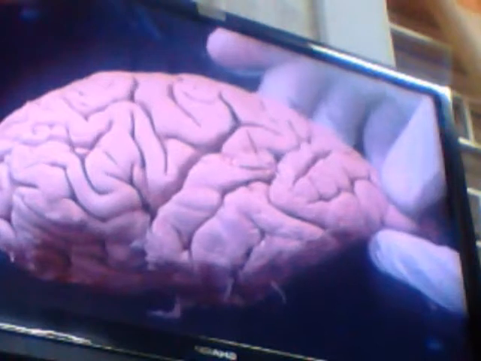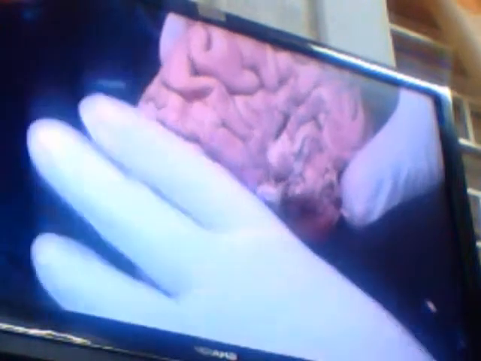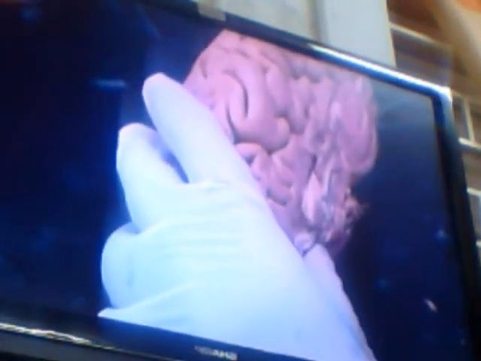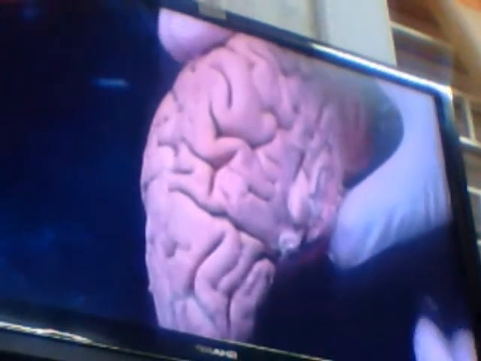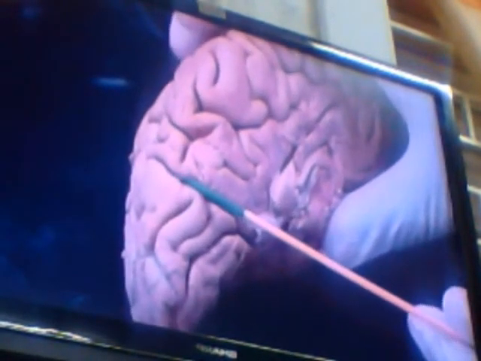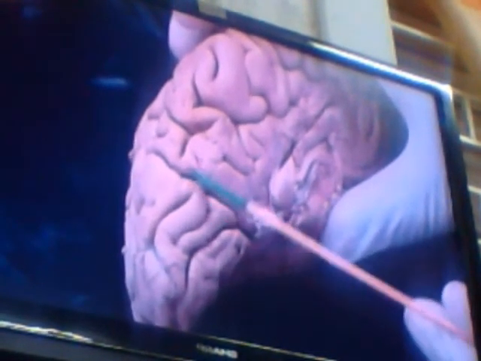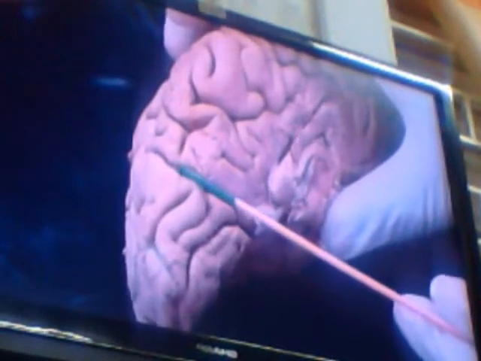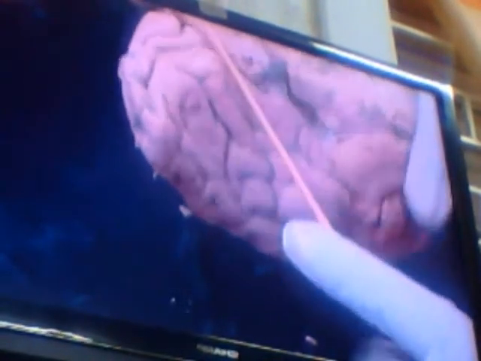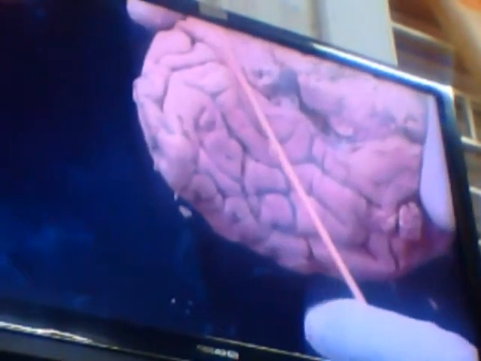So that is used as your posterior landmark, and then on the medial side, we have this fissure, which is the parietal occipital fissure or parietal occipital sulcus. Right, so a line joining that sulcus to the pre-occipital notch is going to represent the posterior border for the temporal lobe.